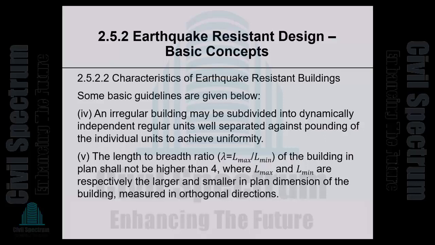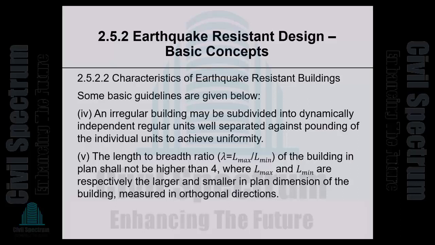You separate the three units of the U by sufficient seismic joints so that they don't pound against each other. Now you have three regular buildings, but that solution is impractical at many levels.